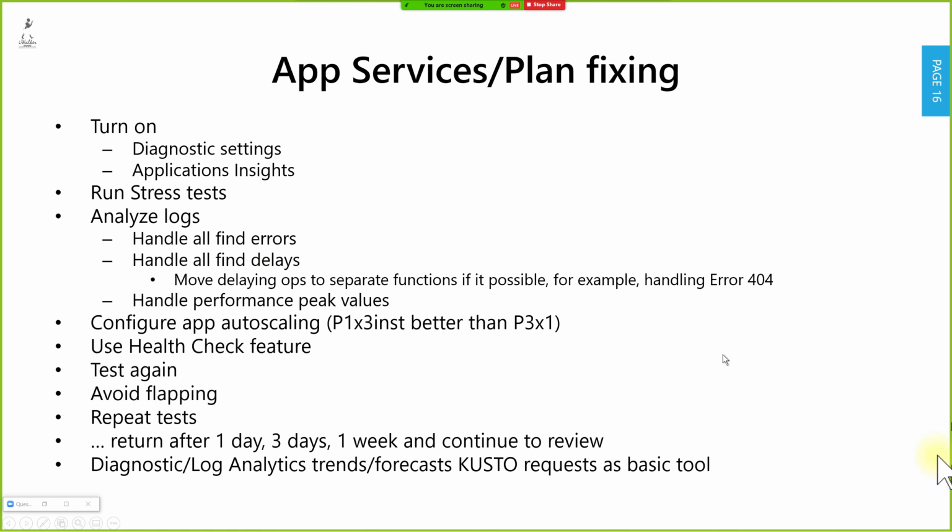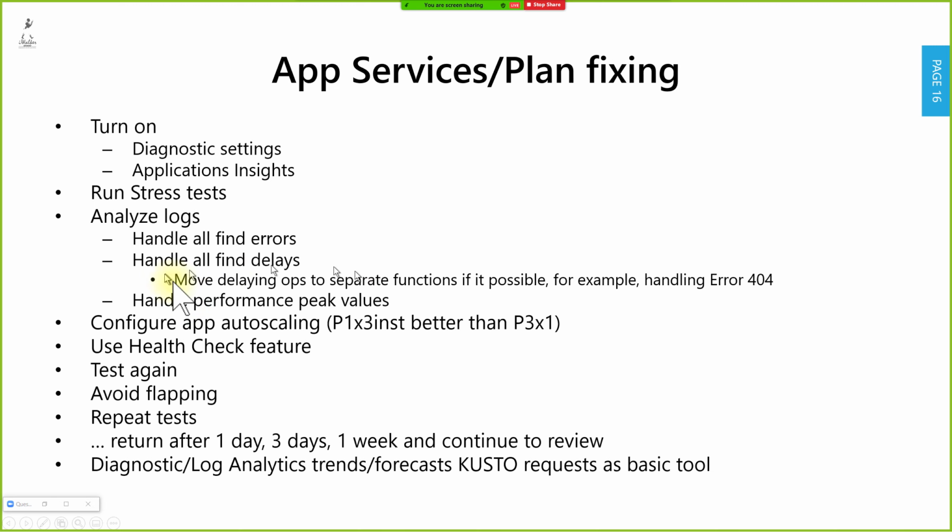If it's possible, as we discussed before, move error 404 to a separate scenario, for example, if it's required to handle.